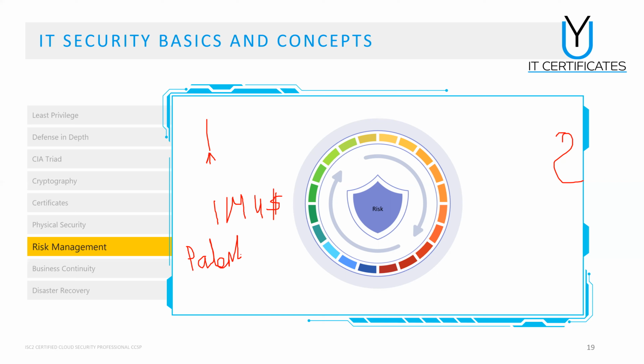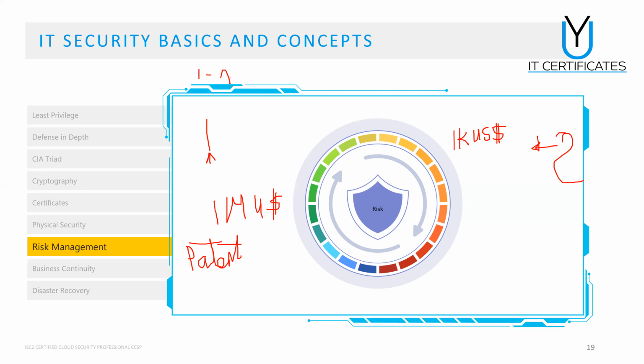And you have another asset, asset number two, which will cost the company $1K if it's hacked.